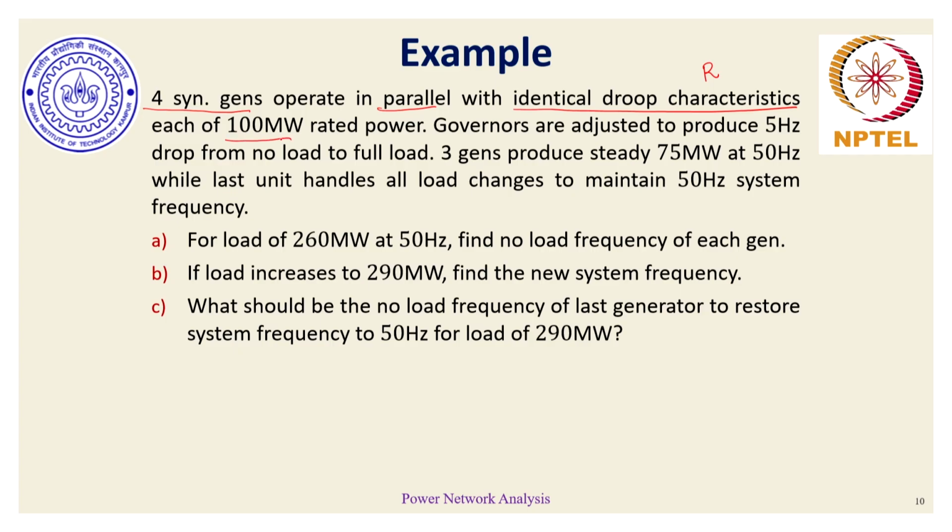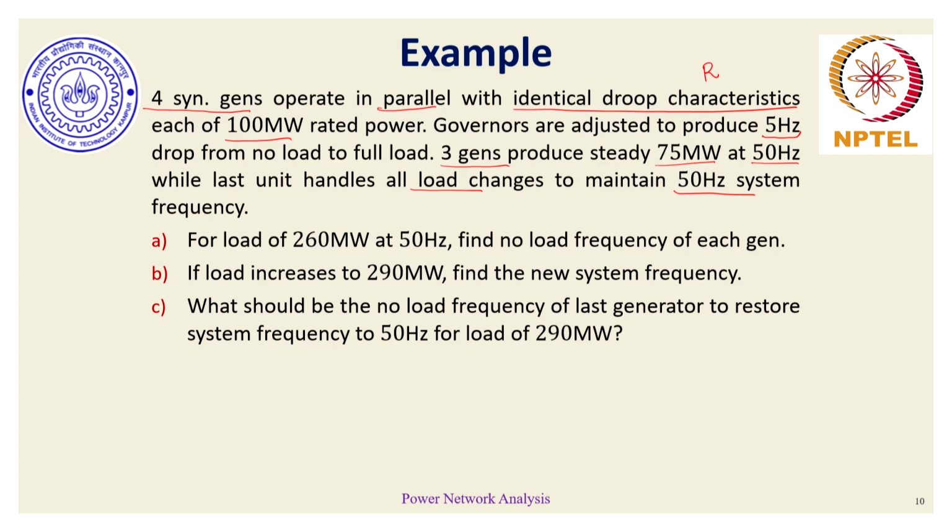The governor is so designed or adjusted that these generators will produce a frequency drop of 5 Hz from no load to the desired operating condition. And at a given condition, the first 3 generators are each producing 75 megawatt at 50 Hz, while the last unit has been kept free to handle any load change that might occur, while also given the responsibility of maintaining the overall plant frequency to be 50 Hz.